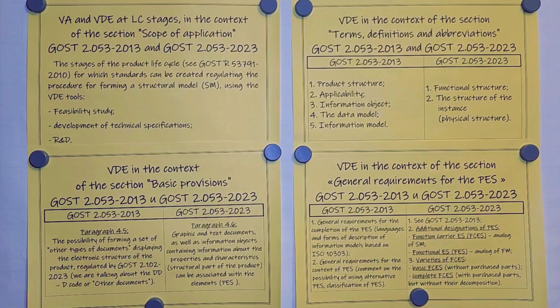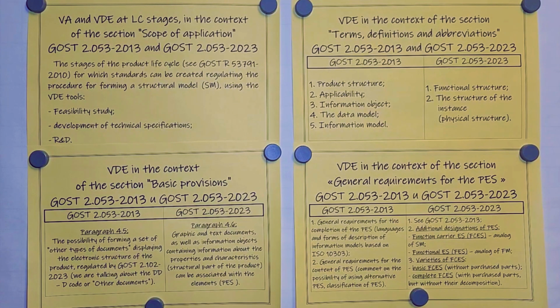The 2023 update of the standard does not contain a detailed description of the concept of forming the product electronic structure classification, which was given in the 2013 version, but the classification itself remains unchanged.